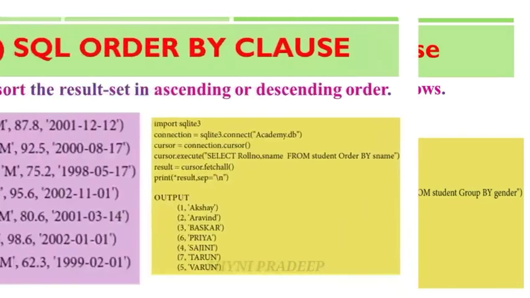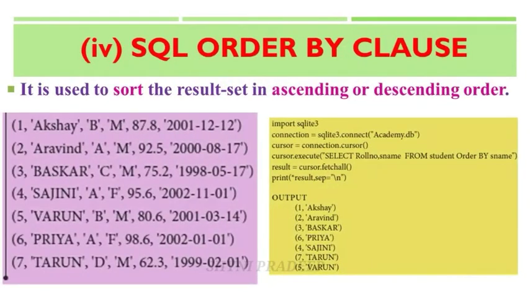This is the output. Okay. Next one is SQL ORDER BY clause. The ORDER BY clause can be used along with the SELECT statement to sort the specific fields in an ordered way. It is used to sort the result set in ascending or descending order. In this example, name and roll number of the students are displayed in alphabetical order of names.